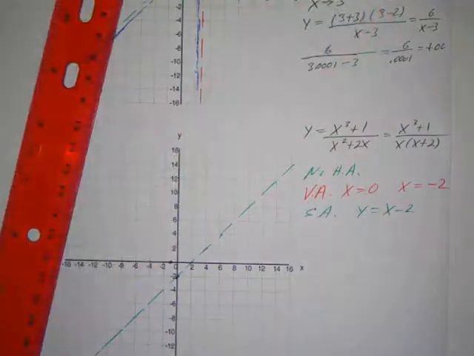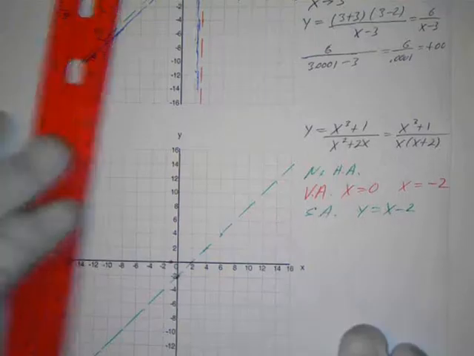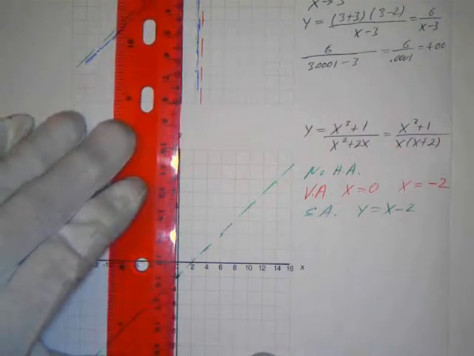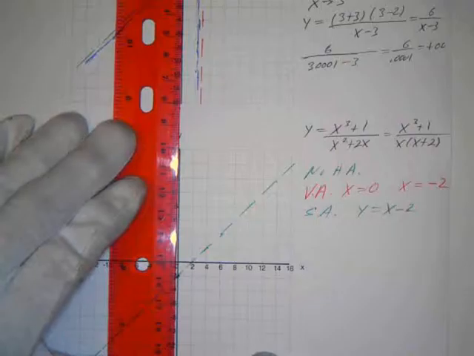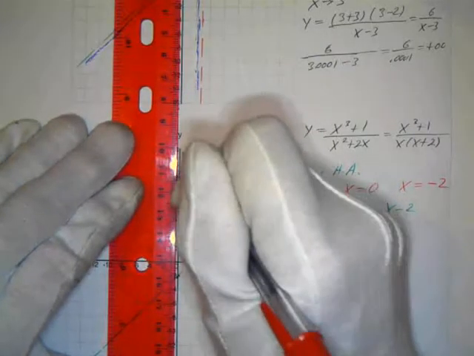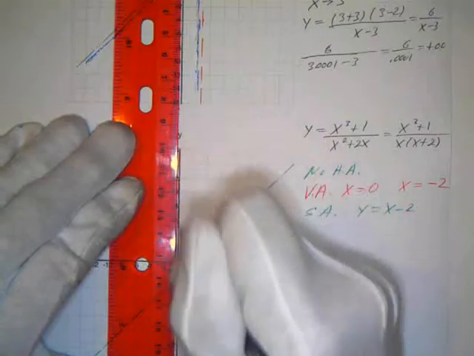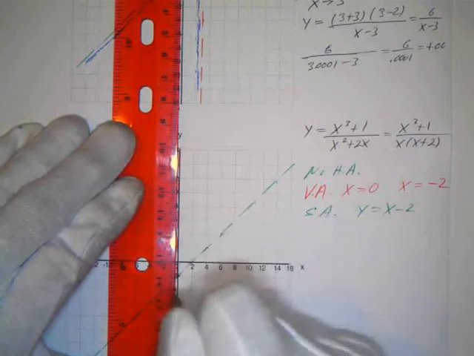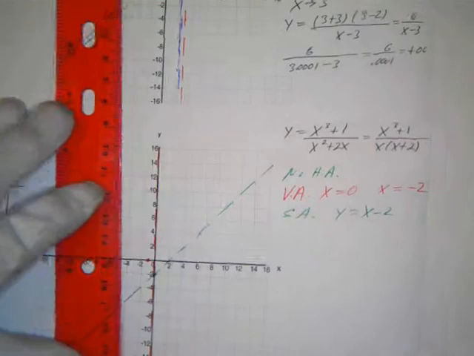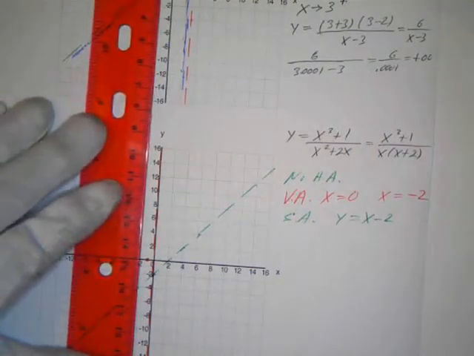So there's our slant asymptote, our vertical asymptotes. We have a couple. Okay, x equals 0 and x equals -2.